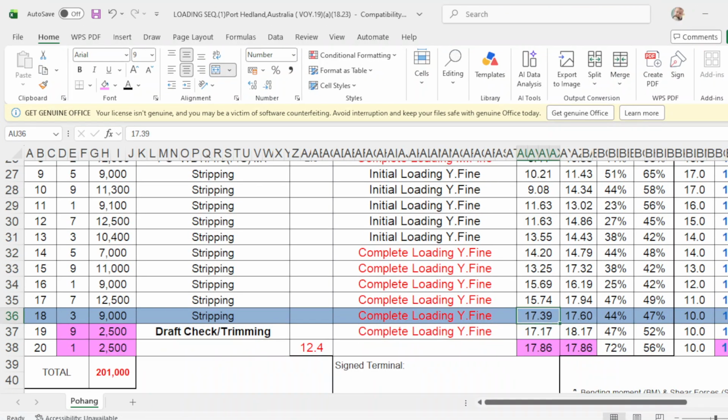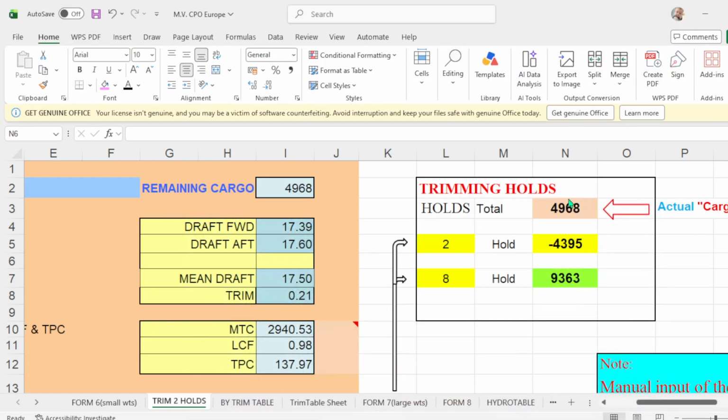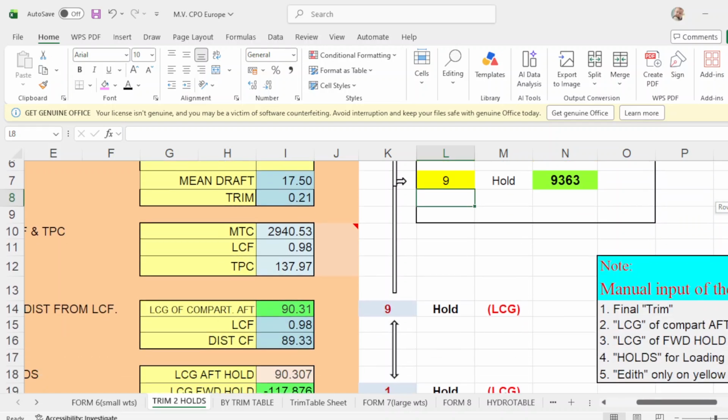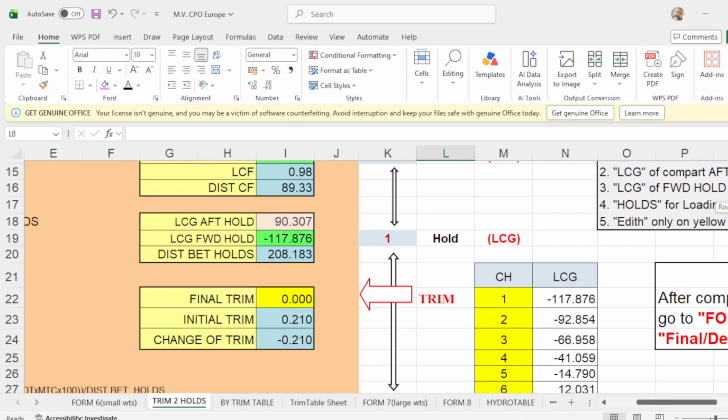Put 1 there, and 9. How much are you going to load in number 9? Your trim is 0 according to your plan.